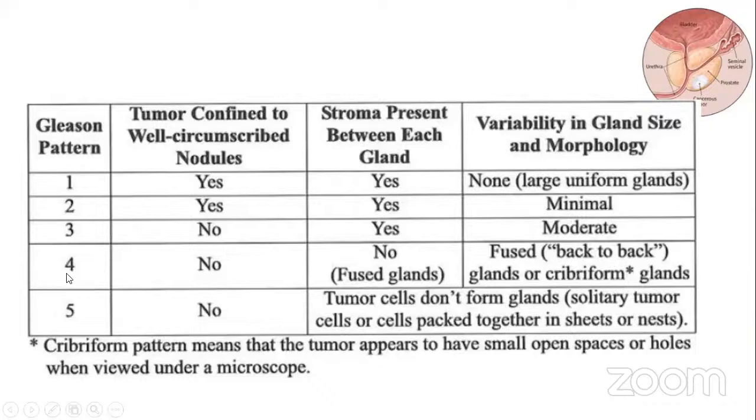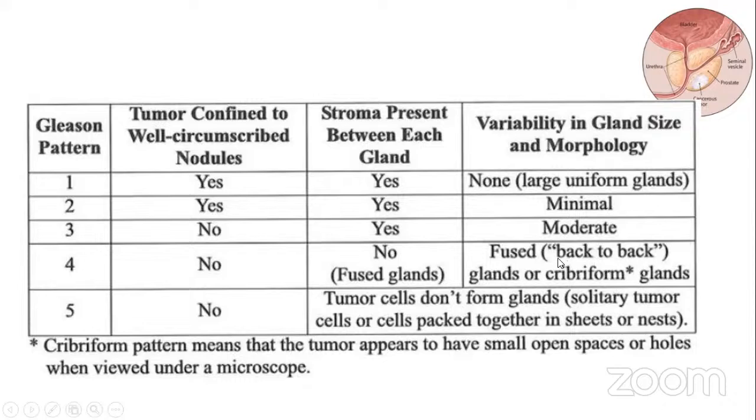Gleason 4: the tumor is not confined to nodules, so we have irregular nodules and also no stroma between each gland, so it's fused glands, back-to-back glands or cribriform glands.